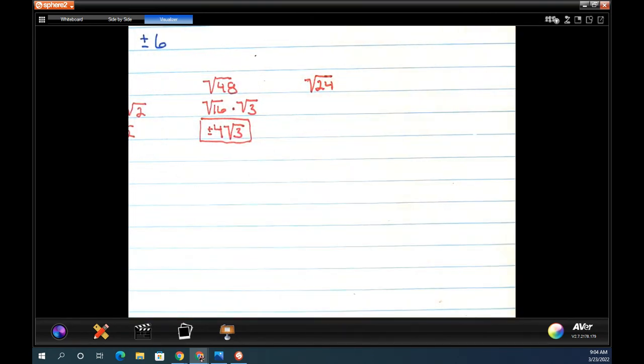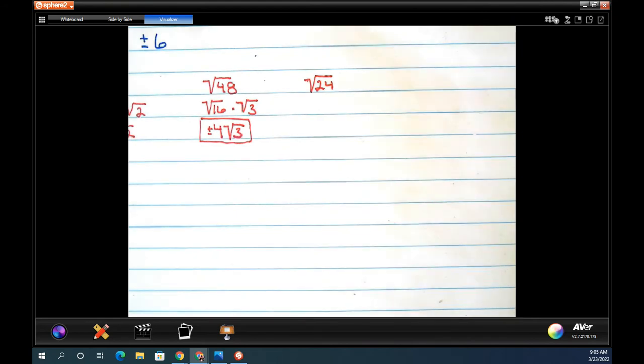So remember, add a new graph. And if you need to go back and open your perfect squares, go back to that on there. Do that. Okay.